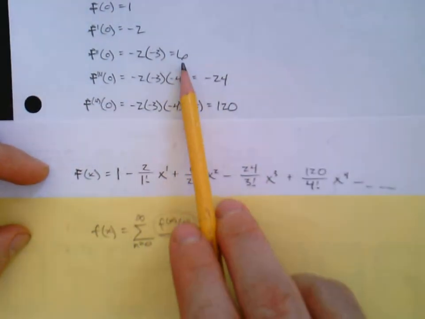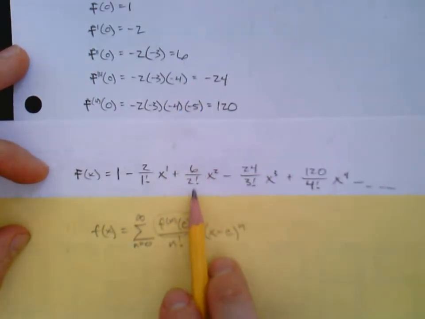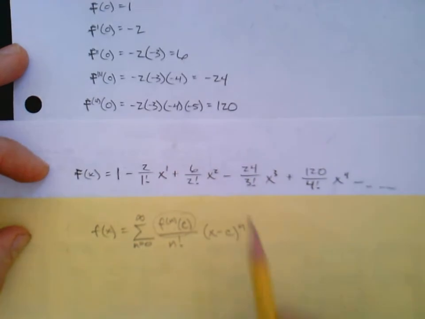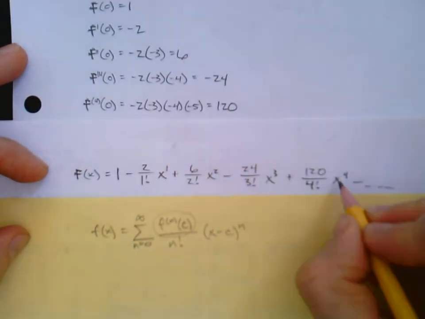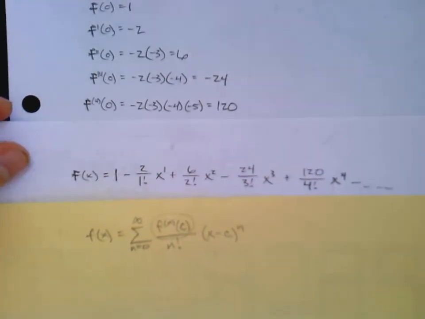Then the next one, for our particular function, we've got 6 over 2 factorial x squared, then -24 over 3 factorial x to the third, positive 120 over 4 factorial x to the fourth. And there you go.